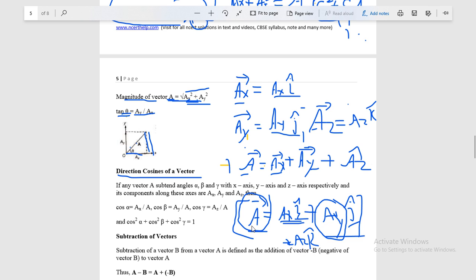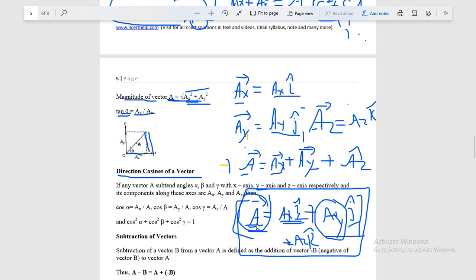So a is considered as the resultant of the vectors ax i plus ay j plus az k. Students, if you add the three vectors together, then you will get the same resultant vector a. So this form is known as the component form of a vector.